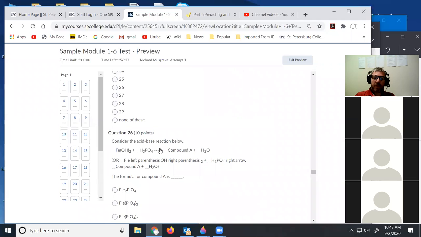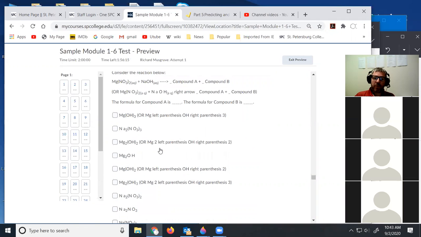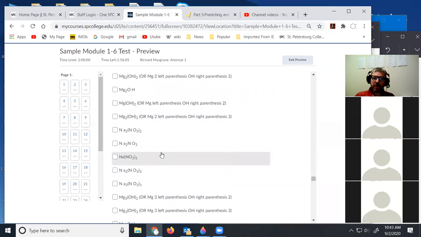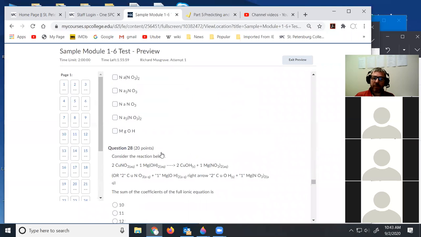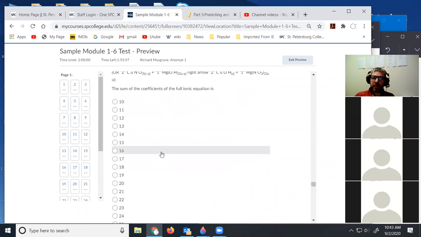So you should probably try some of those yourself, see what the formatting's like. I'm going to go through this more on next Wednesday, because I won't see you on Monday. If you have any questions, you can always call me or email me, and I can answer any questions you might have. But you should take a look at the sample test, and we'll go through it more on Wednesday.